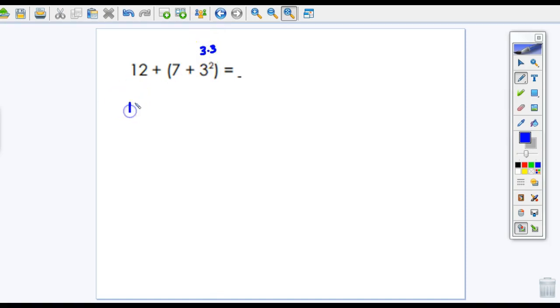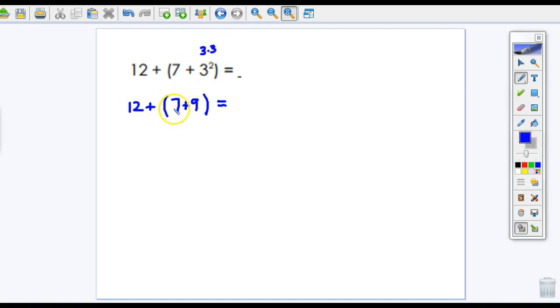I'm going to bring down my 12, bring down my plus, and bring down my parenthesis and my 7. But now instead of 3 squared, I'm going to say 3 times 3 is 9. So this becomes plus 9. And so a little out of order, but in order for me to complete what's inside my parentheses, I needed to do this exponent first. And now I can do what's inside my parentheses.